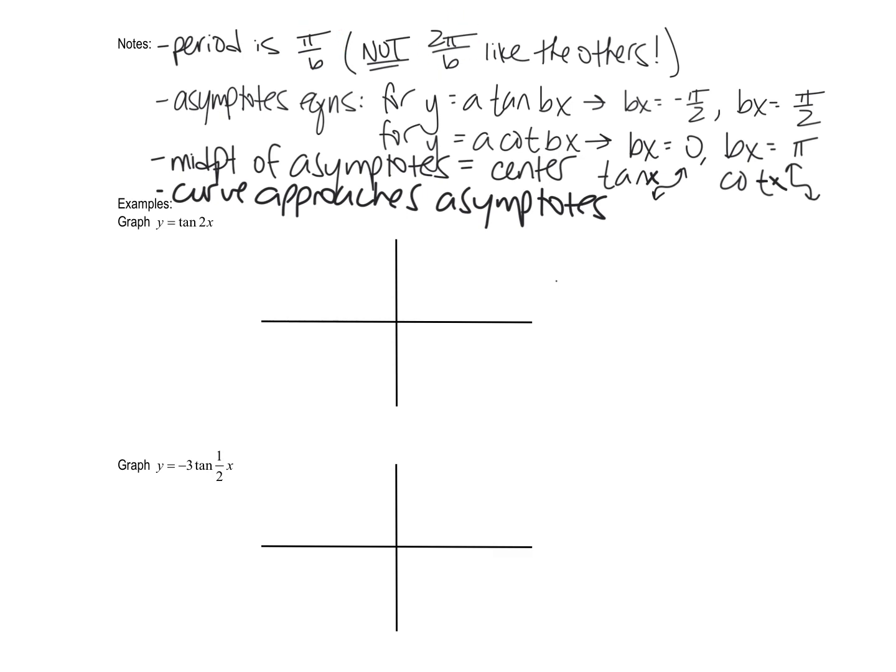And here's the other thing that's pretty important, is that to write the equations of the asymptotes, it depends on if it's a tangent function or if it is a cotangent function. So these are the formulas that you're going to use to figure out the asymptotes. Whatever your b value is, do b times x equals negative pi over 2 and positive pi over 2 for tangent, and that's because the tangent is undefined at pi over 2 and negative pi over 2.